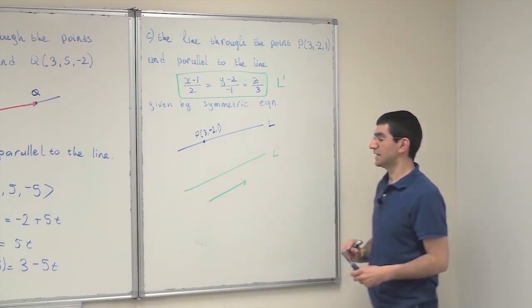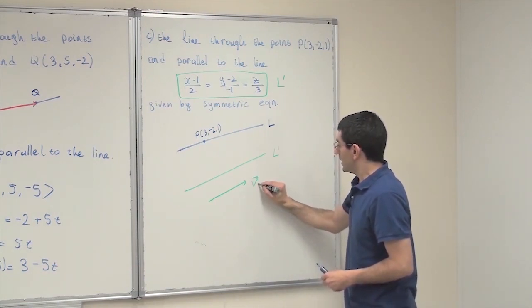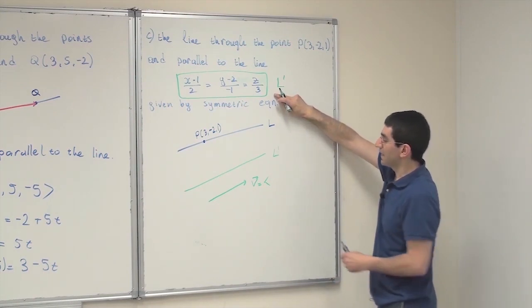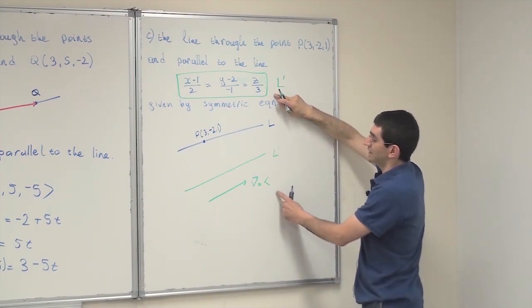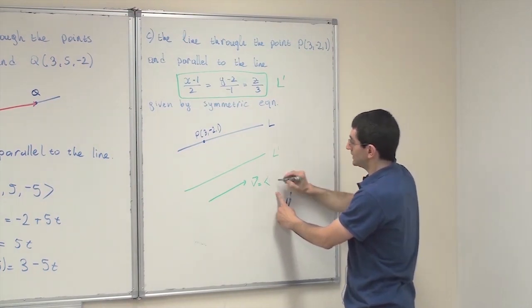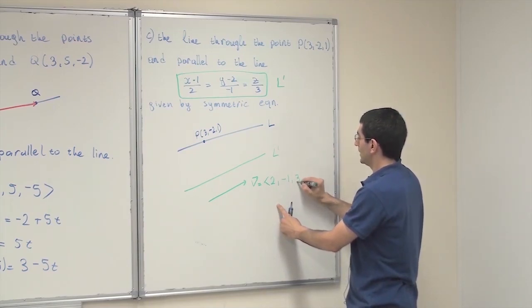I'm going to mark this again in green. From the symmetric equations, I can say that the vector which is parallel to the line L prime is (2, -1, 3).